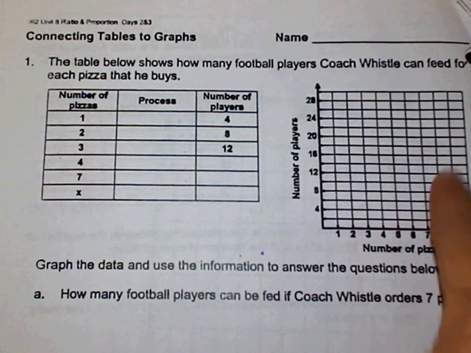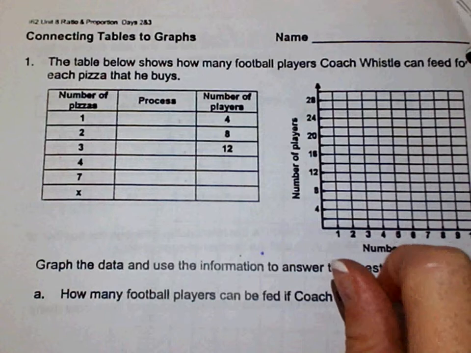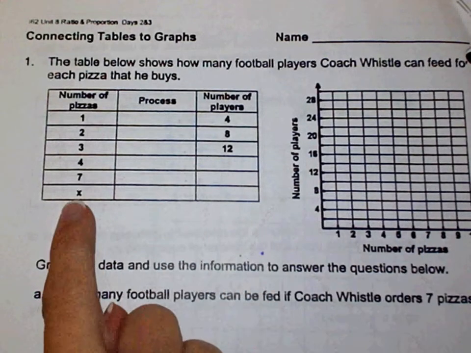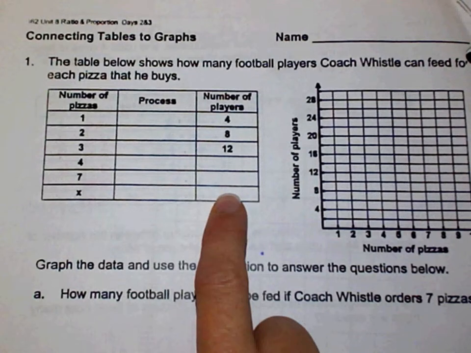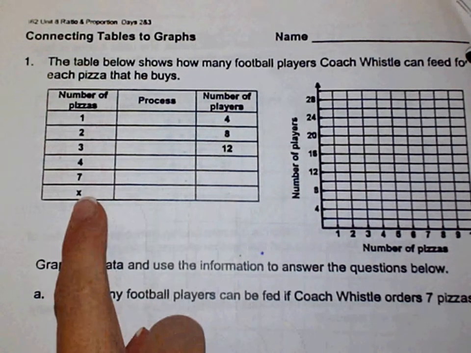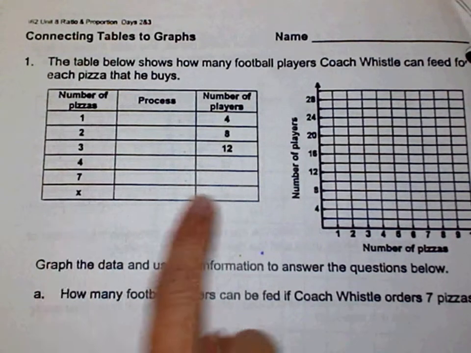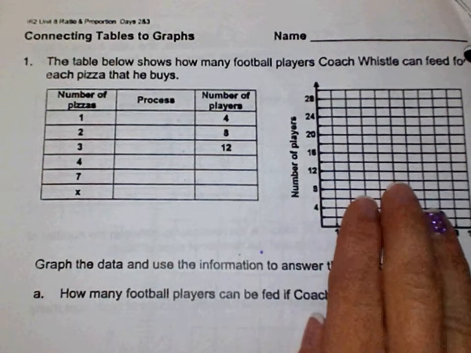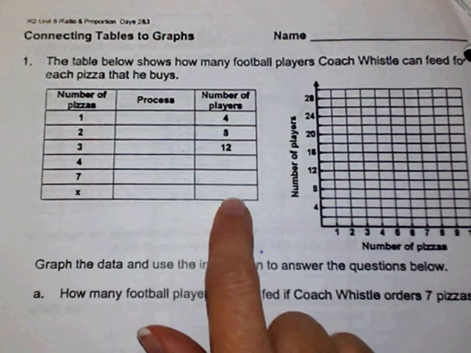And then they give you a graph that you can put coordinates on. So you'll notice we have an X that stands for pizzas, so your players will probably be Y, and the reason they're choosing X and Y is because you're going to put it on a graph. And so that way you know X means I crawl, Y means I walk.